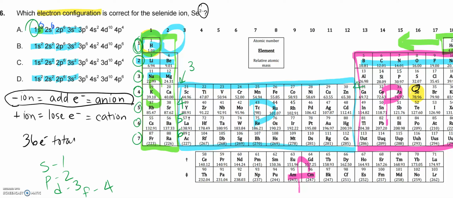Cross the divide again. I've got 3p, 1, 2, 3, 4, 5, 6, 3p6, 3p6, 3p6, 3p6. Whew, so far, all of them are the same. Going down to my next energy level, here's the 4s2. So I've got 4s2, 4s2, 4s2, 4s2.